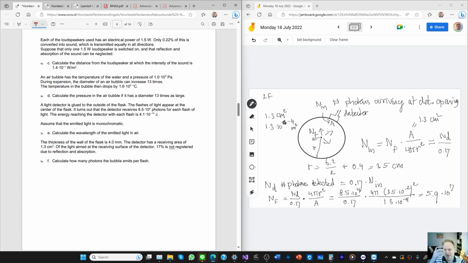Okay, I see the mistake, guys. All right, I get some points deducted. It actually means that 0.83 is registered, so this should be 0.83. 83% of all the photons that arrive at the front of the detector are actually detected.